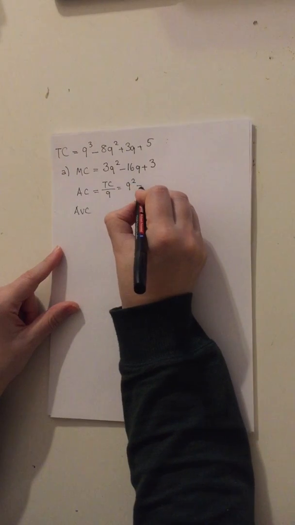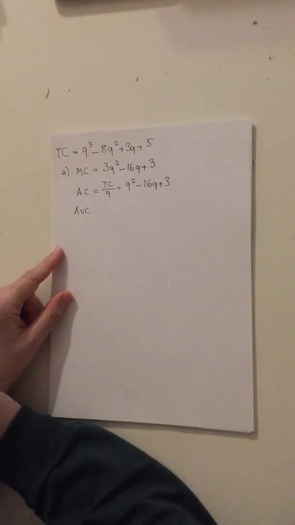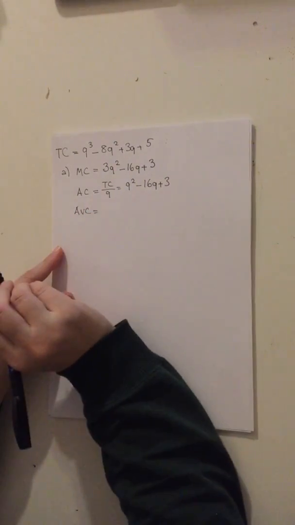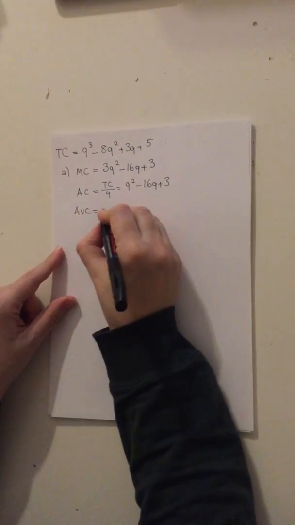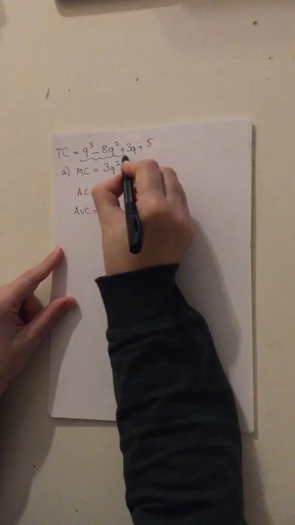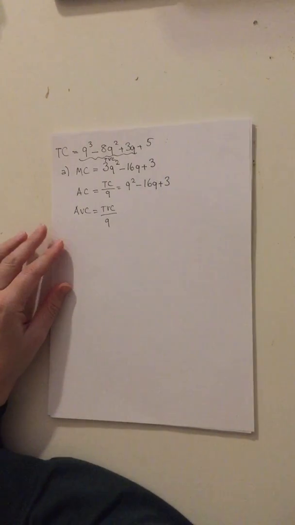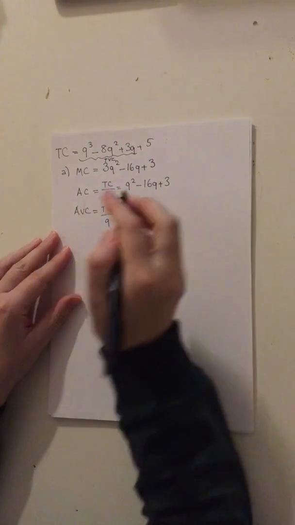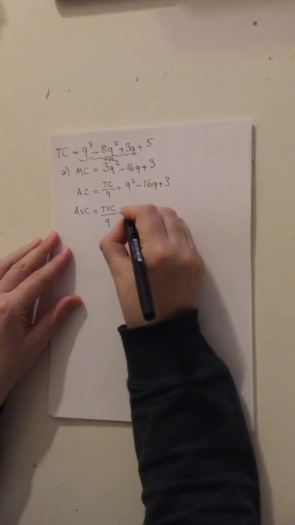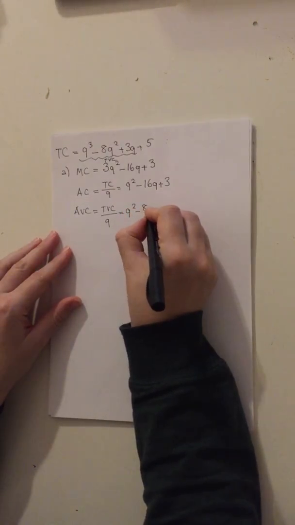And average variable cost is the total variable cost over q. That part is the total variable cost, which depends on the level of output. So the total variable cost is q cubed minus 8q squared plus 30q.